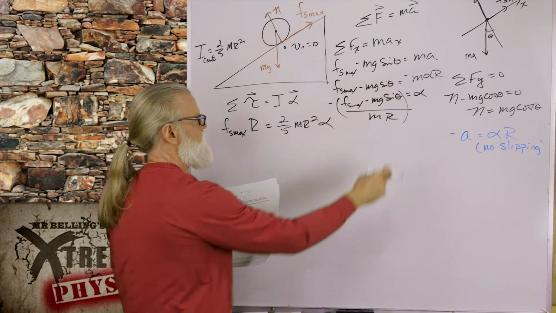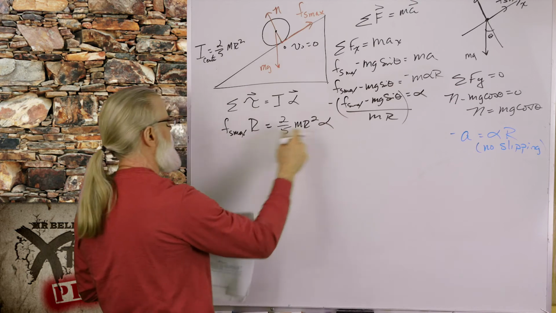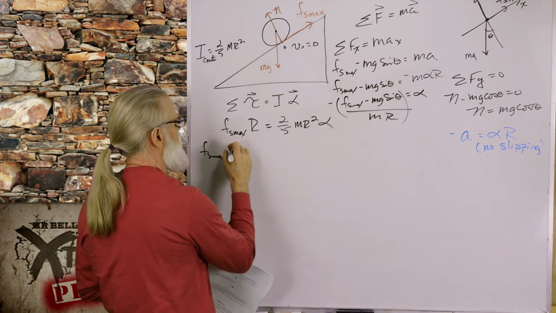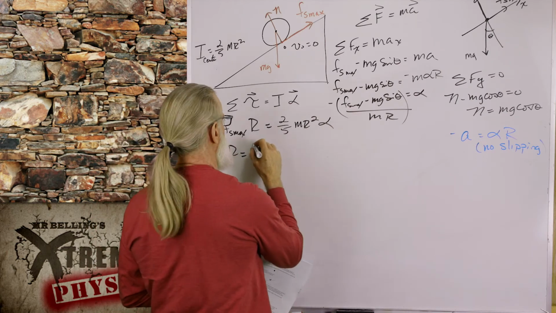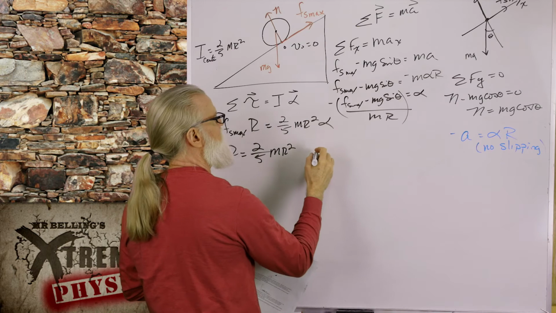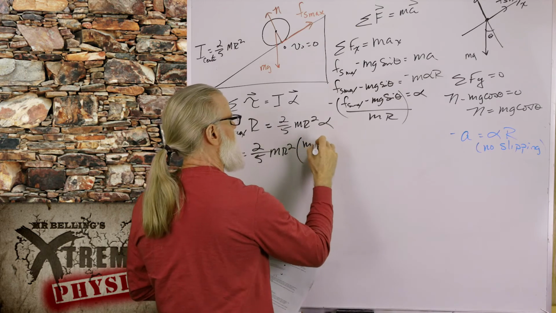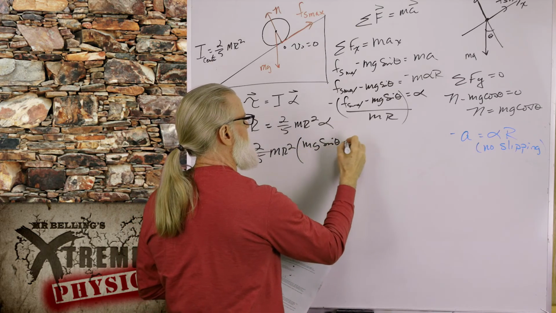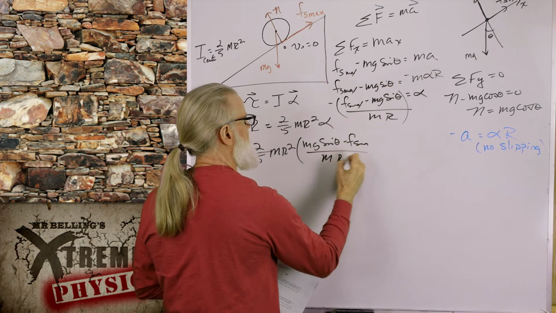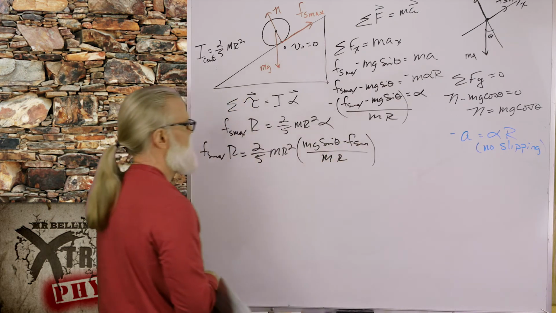All right, so then we can substitute that into there, and we end up with Fs max r equals 2/5 m r squared times mg sine of theta minus Fs max all over m times r.